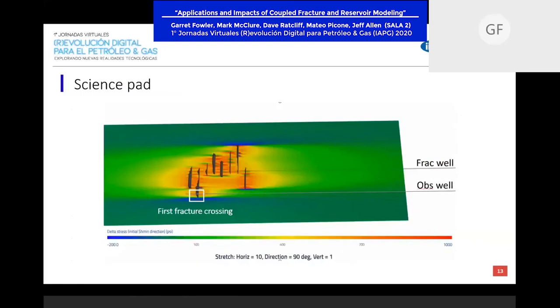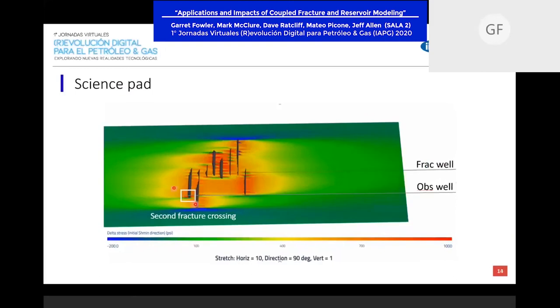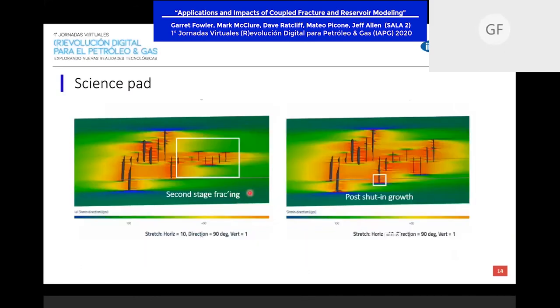So for instance, here in the model, we can look at exactly what time that first fracture crosses, when the second fracture crosses, what the difference is, if a fracture doesn't cross before shut-in. But then what we see here is post-shut-in propagation. So on the left-hand side, here's stage 1 that has completed. This fracture just adjacent to the white box has not yet crossed our observation well, and we've begun to frack stage 2.